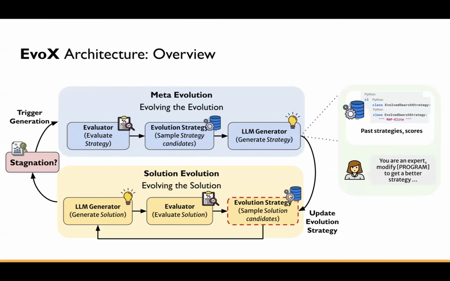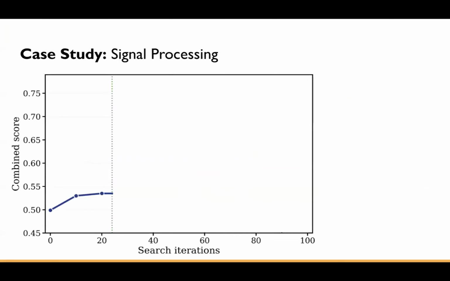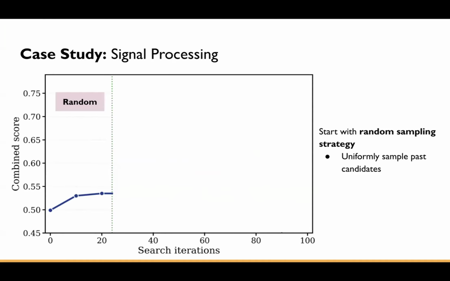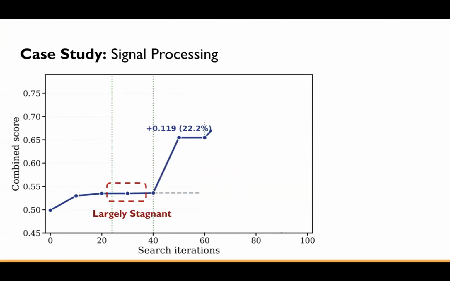When the inner loop stagnates, if it is not performing well for a window of iterations, the outer loop is going to take the feedback of what it did, look at the search algorithms that were used in the past, and try to come up with a newer search algorithm. To show this, I'll go over an example of a signal processing task, where you start with a random algorithm, but as soon as it starts stagnating, you see if there is any new sampling algorithm that can help.